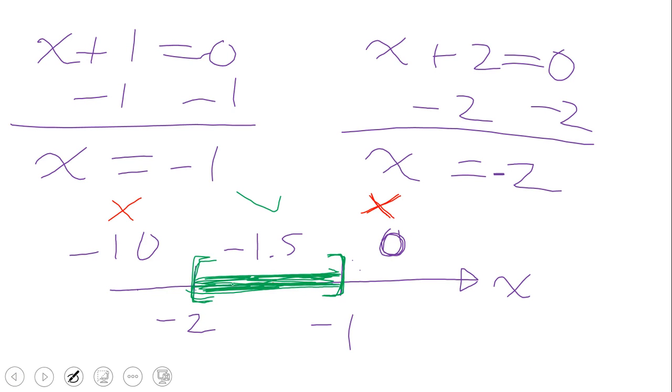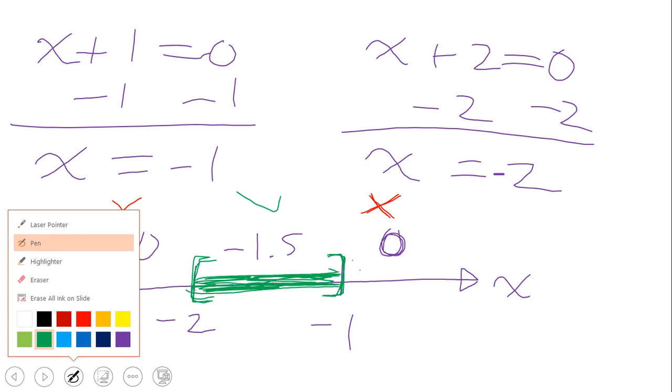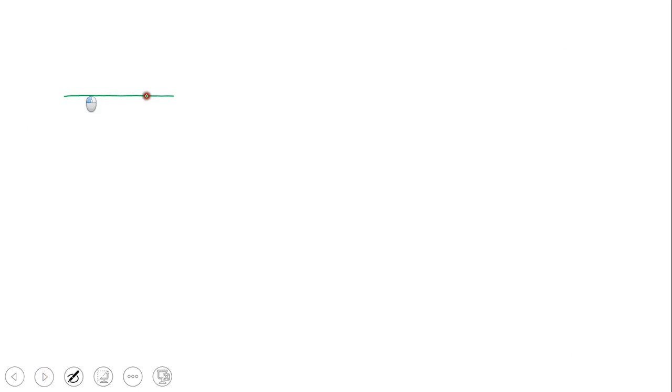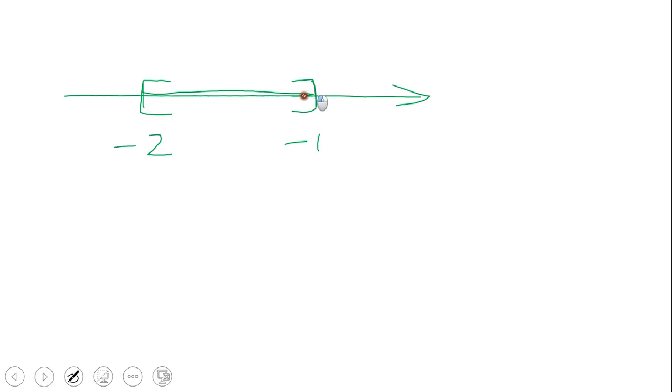I'll redraw this from negative 2 to negative 1. So our solution was from negative 2 to negative 1, this middle region right here.